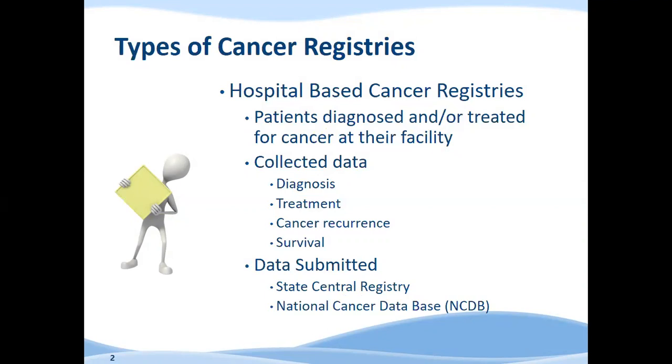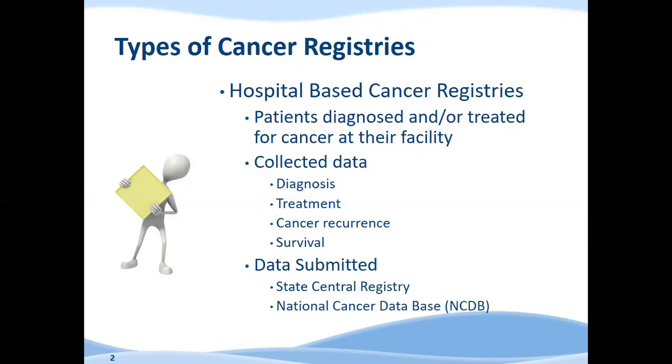In Chapter 1, you learned about the different types of cancer registries. Specifically, there were the hospital cancer registries, which maintain the data on all patients diagnosed and/or treated for cancer at their facilities. The primary goal for this type of registry is to improve patient care by evaluating the treatment outcomes of their patients.